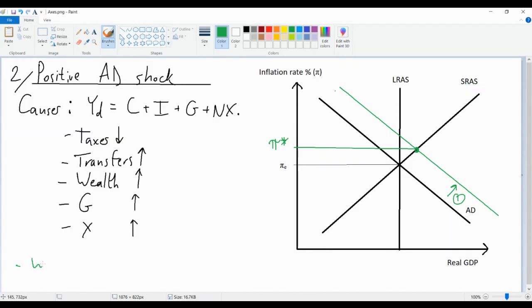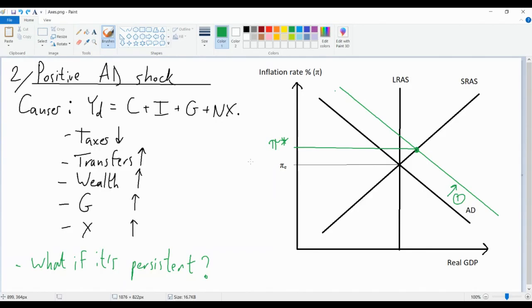So again, what if this shock turns out to be persistent? Well, if the shock is persistent, again, we're seeing inflation coming in at a rate that's much higher than was expected, and this keeps happening month after month after month.